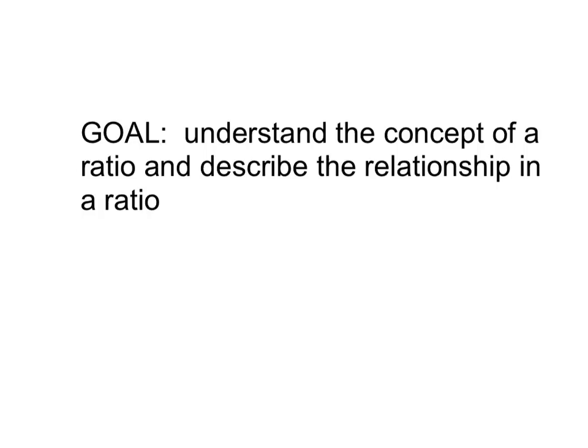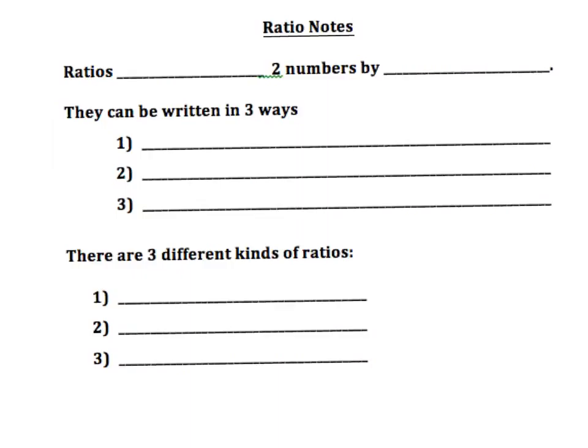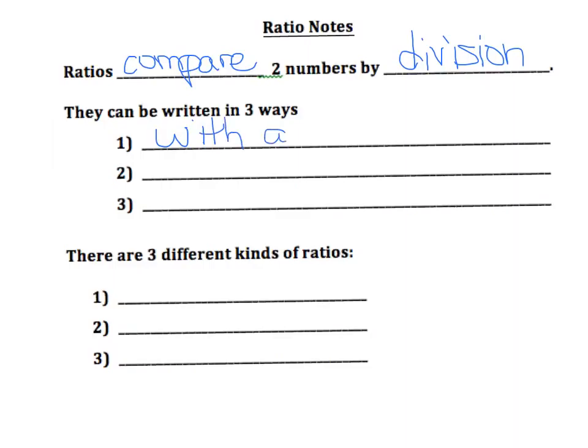So let's talk about some ratio basics here. First of all, what is a ratio, or what are ratios? Ratios compare two numbers by division. They can be written in three different ways. We can write it with a colon. And let me show you an example.